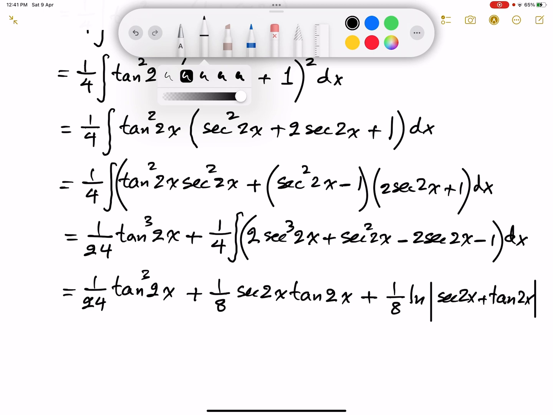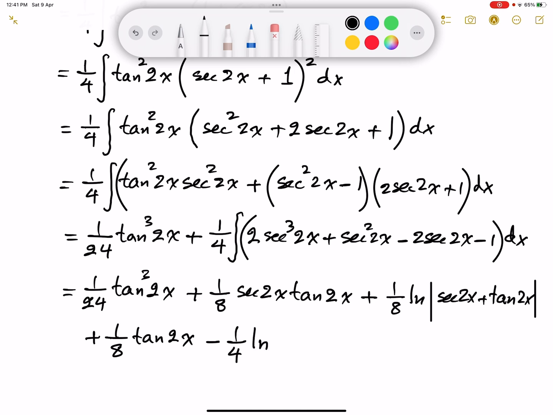The secant squared is going to give us 1/4 divided by 2, so that's going to give us also 1/8 the tangent of twice x minus 2 divided by 4, that's 1/2, and then we need to divide again by 2, so that's going to give us 1/4 the natural logarithm of secant twice x plus tangent twice x.